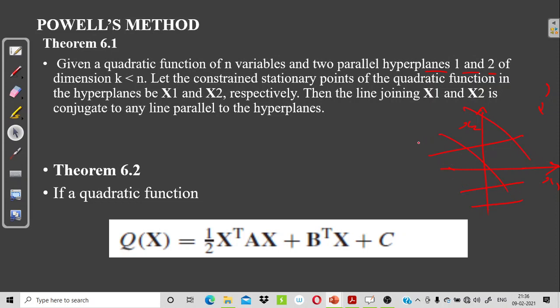stretching from minus infinity to plus infinity. So this is the hyperplane in a two-dimensional space.